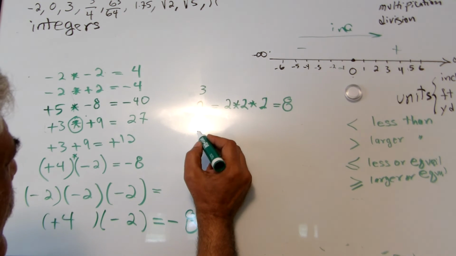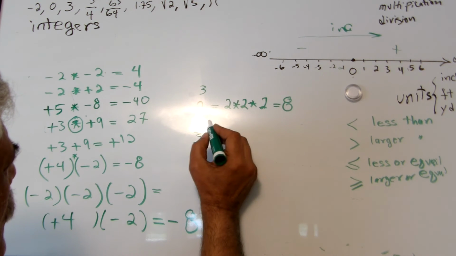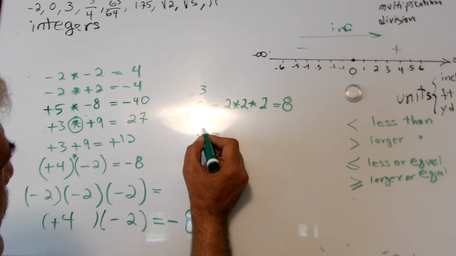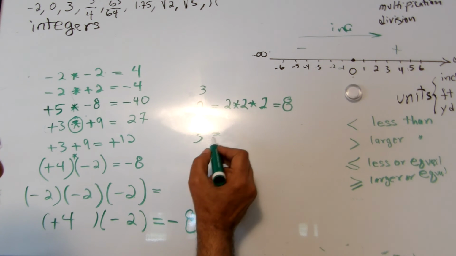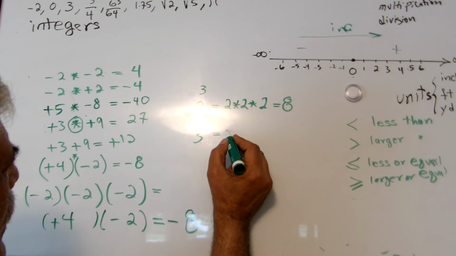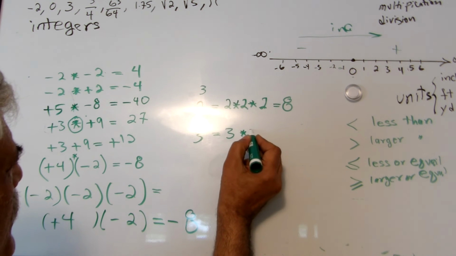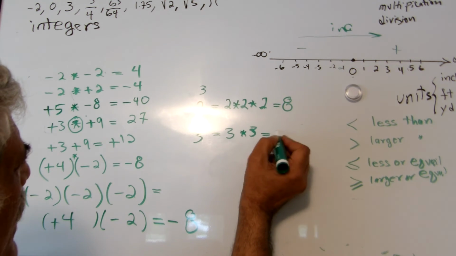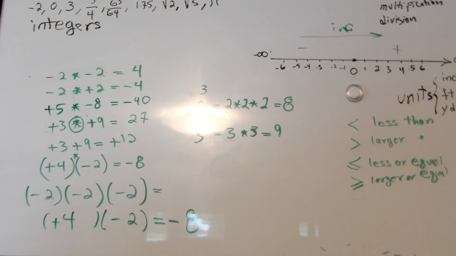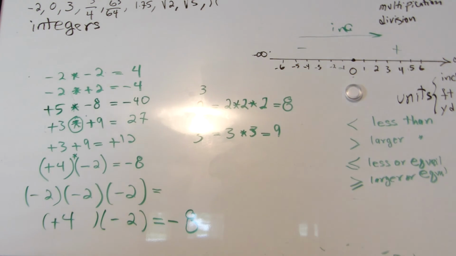How about 3 to the power of 2? It means that 3 is going to be multiplied by itself 2 times. This is the exponent. It means 3 times 3, which is 9. How about we get a little bit more complicated.